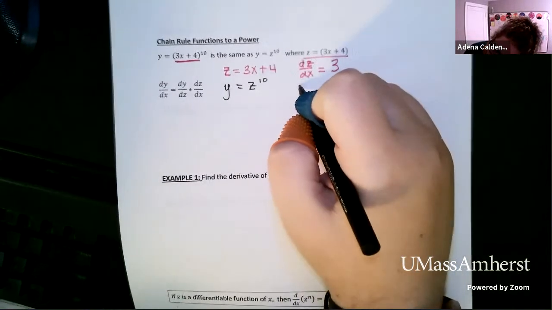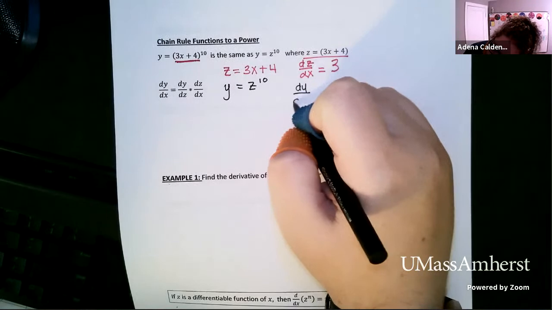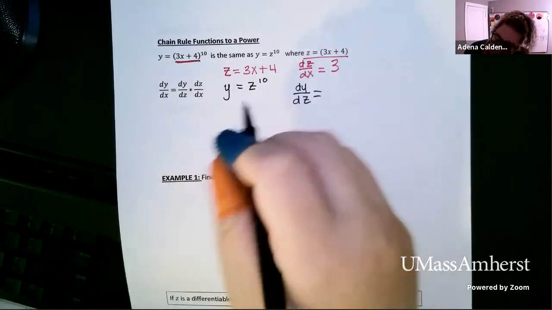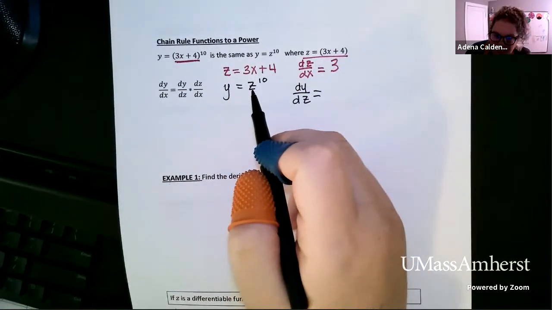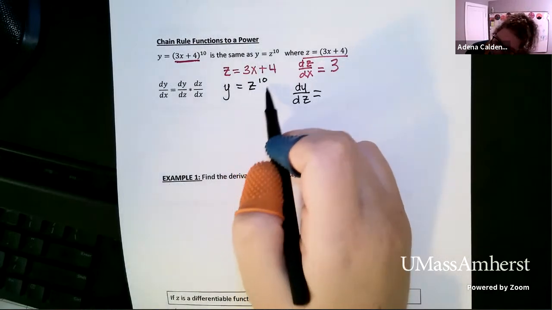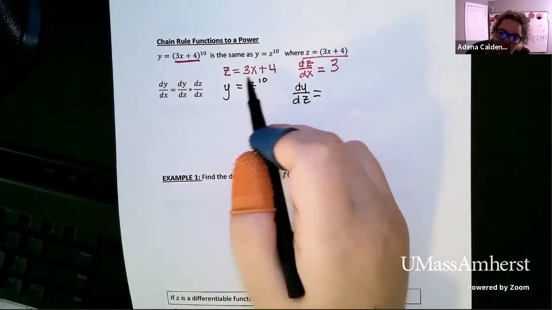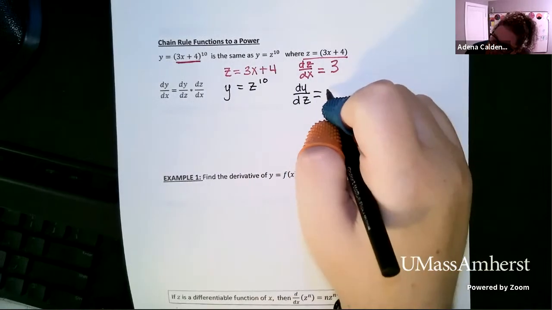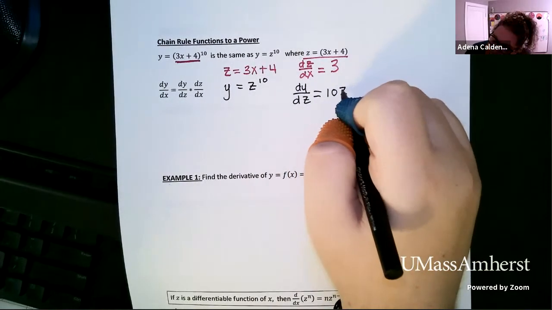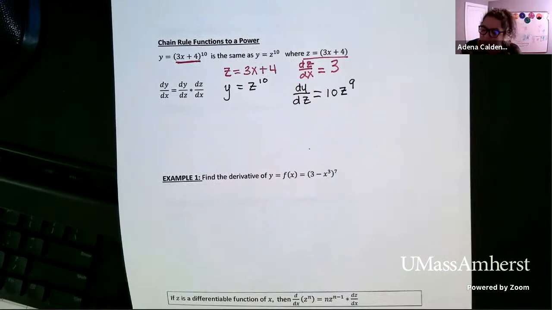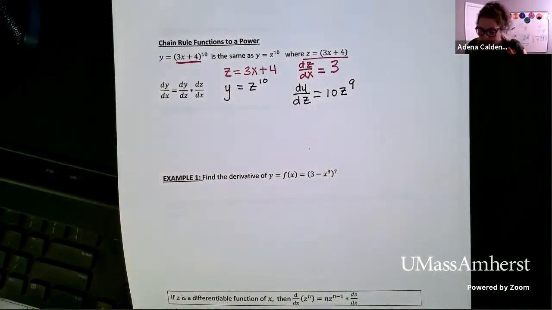Then from our second function, we can take dy dz, the derivative of y with respect to z. So when we do this, right, we have z to the 10th, we're just using a power rule. So the 10 comes down, z, and we subtract 1 from the power. So we have 10z to the 9th.